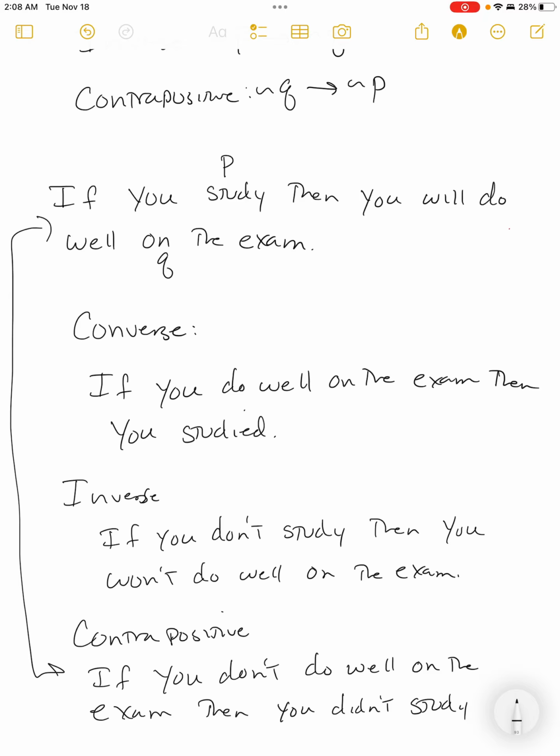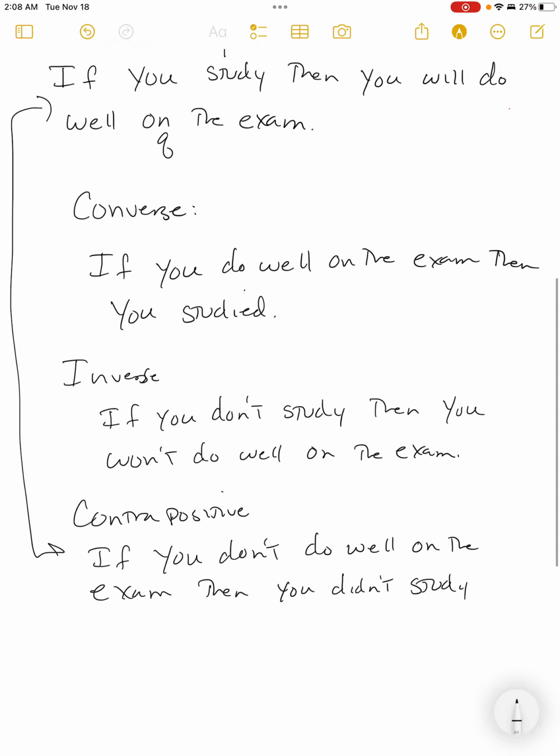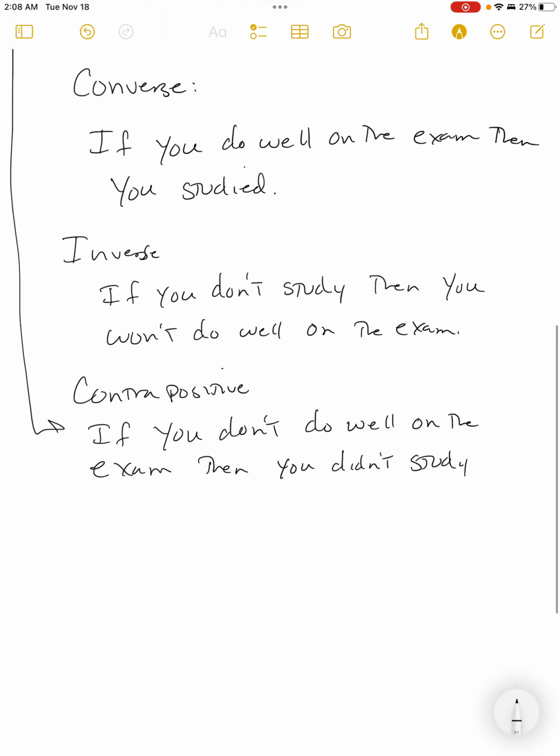Now, those two are connected. Our original statement in this last one, if I'm making the promise, if you study, then you'll do well on the exam. If you don't do well on the exam, then you didn't study, would definitely be connected there. And we will see that actually through equivalent statements.